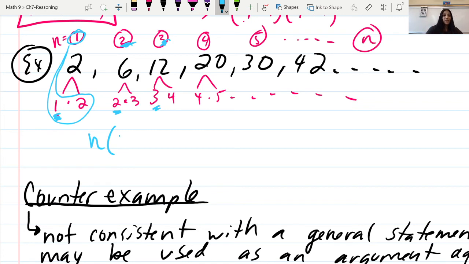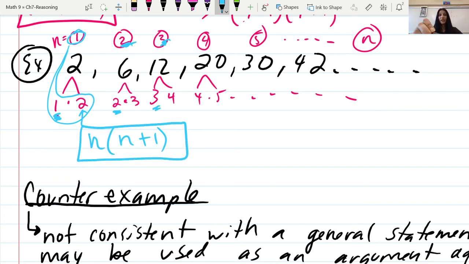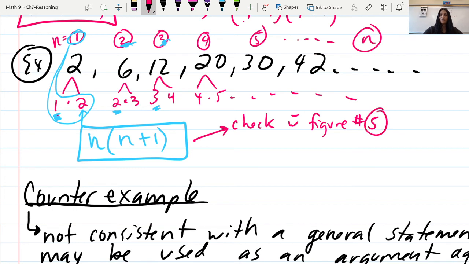Then I would multiply that by n plus 1, because as I can see here, it's 1 times 2, 2 times 3, 3 times 4. So I'm always multiplying by one number larger than what the figure number is. So I think this is our formula, but I want to be certain, so I'm going to check this out with figure number, let's test 5.